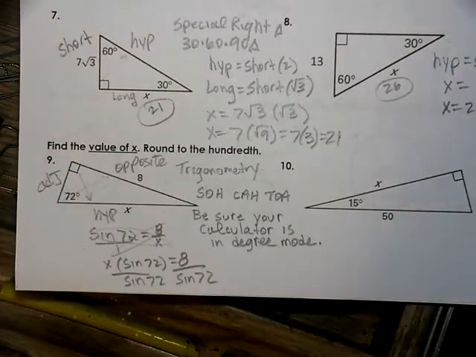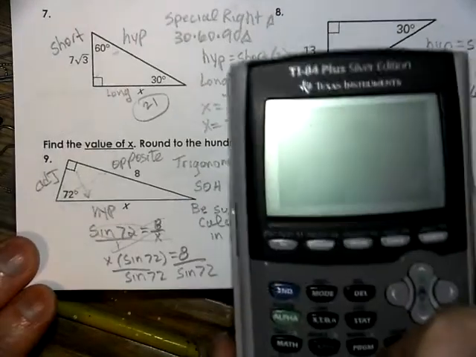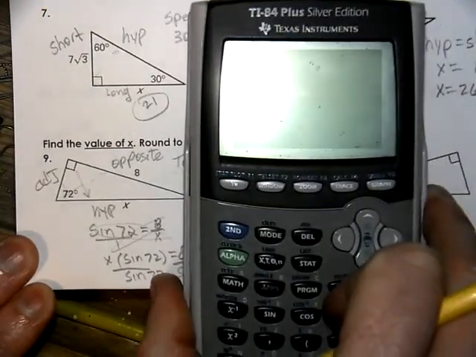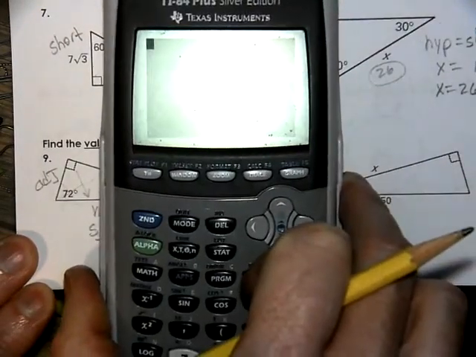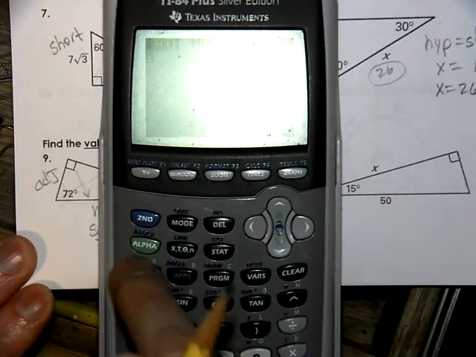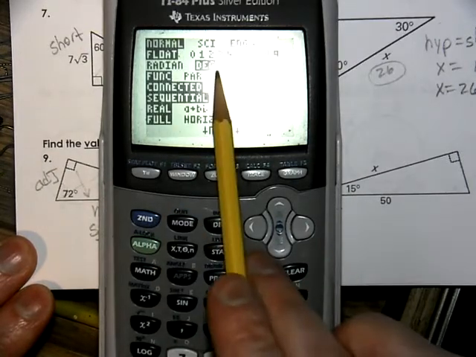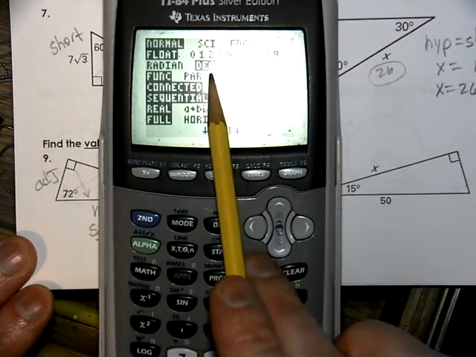Most scientific calculators will be automatically in degree mode. The graphing calculators will default to radian mode. So one way, looking at your calculator to see which one you have, if you use a graphing calculator, you hit mode, and you'll see that the degree is highlighted.